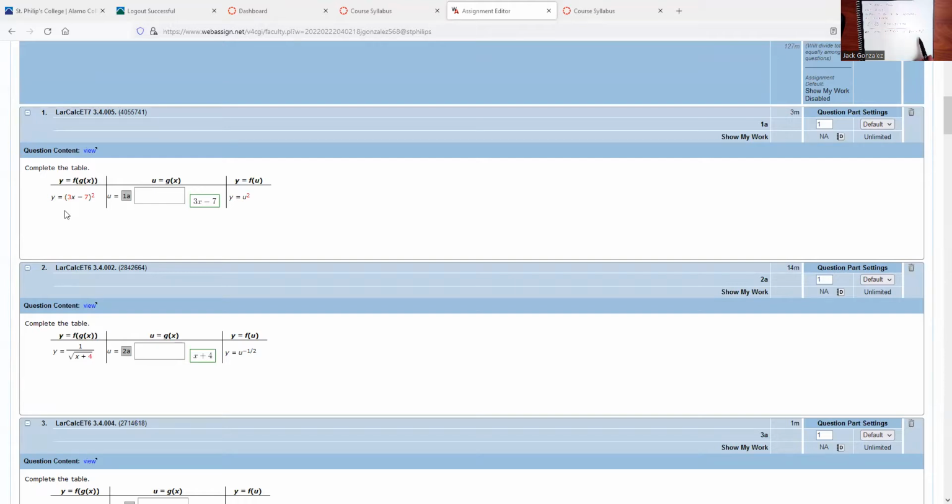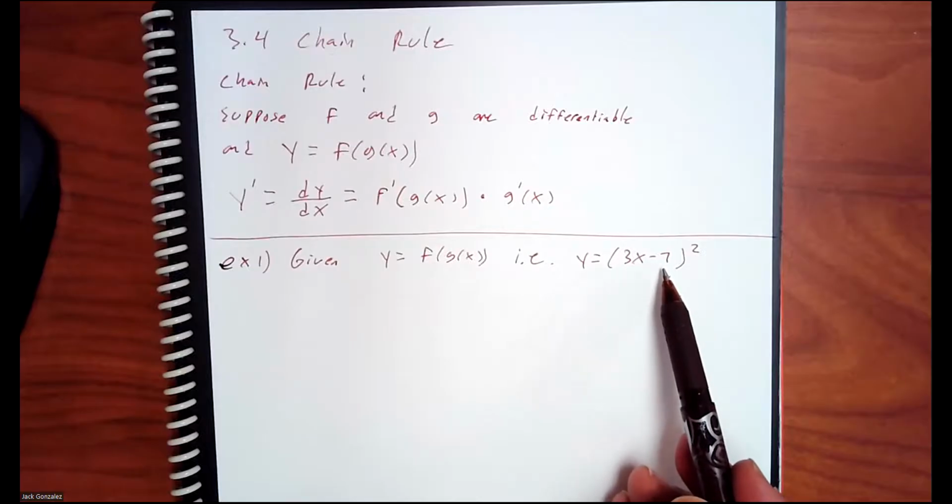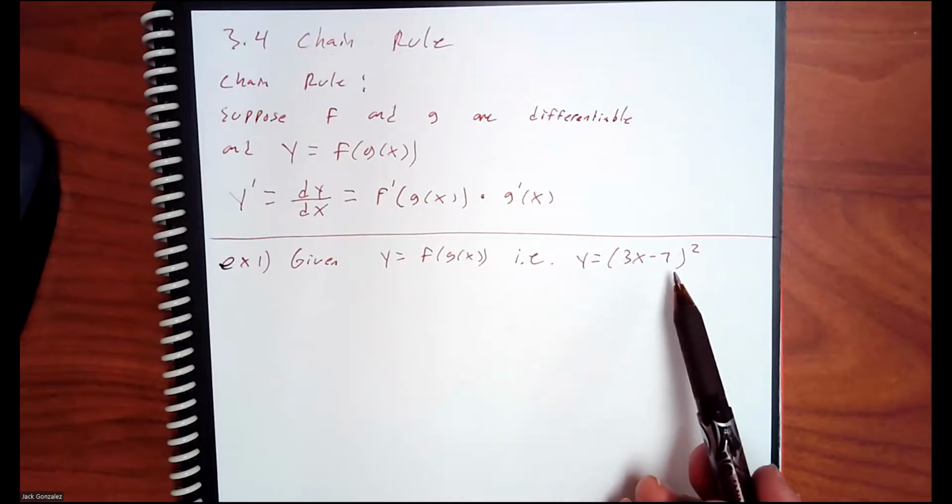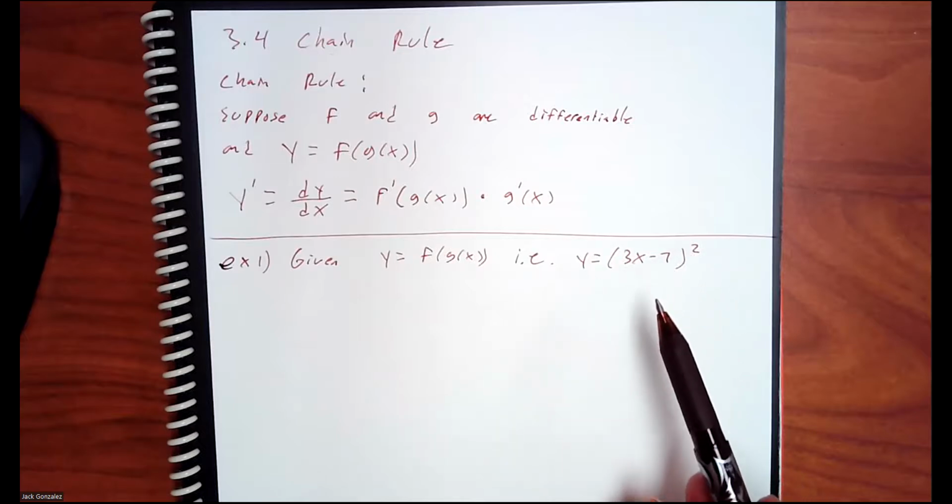So the inner one, the g, is 3x minus 7. Think back to college algebra, this function multiplies an input times 3, then subtracts 7. The outer function squares any input, okay?